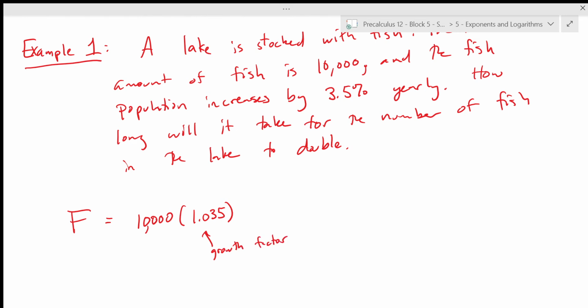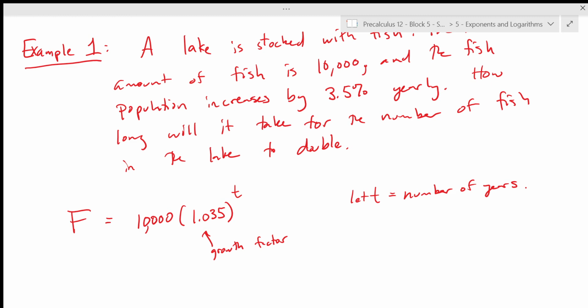Okay, and I'm going to let t equal the number of years. So it's going to be to the power of t, because the time of growth or decay we're looking at is the same unit of time that we want to report our answer in. So it's just a t.